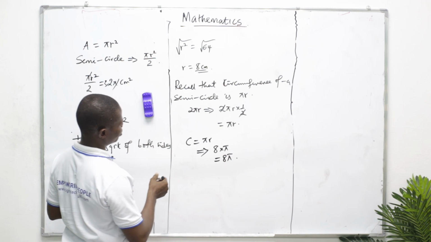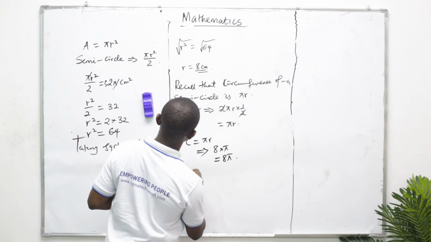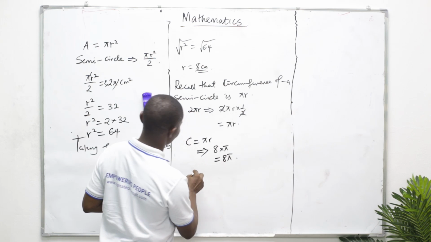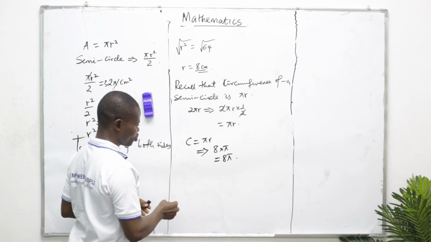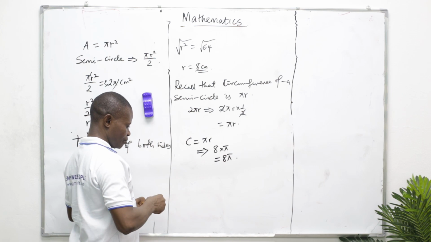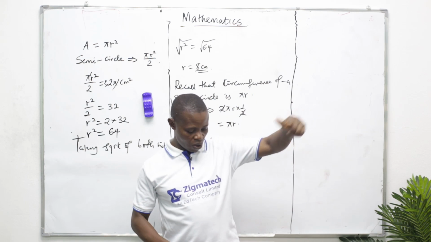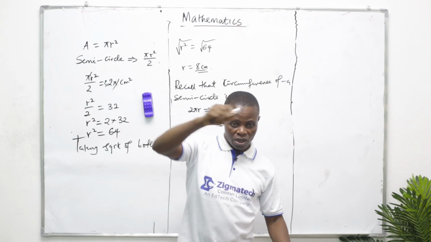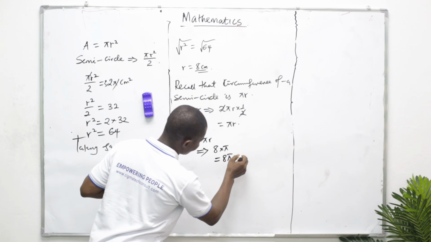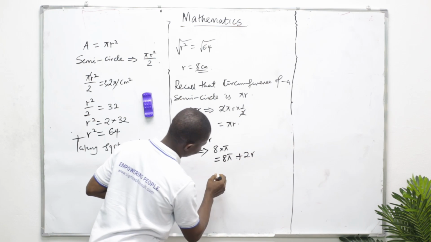So, our solution, circumference of a semicircle, because we are not dealing with the perimeter of a sector. Sector is a whole shape. Plus 2r.